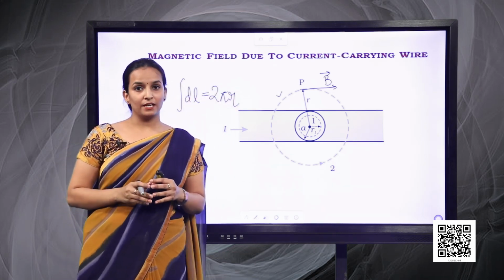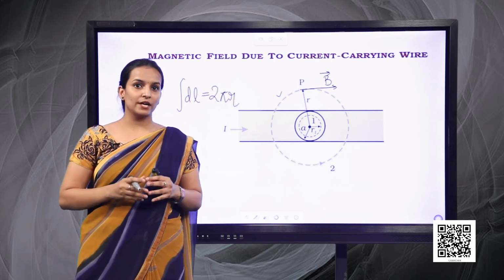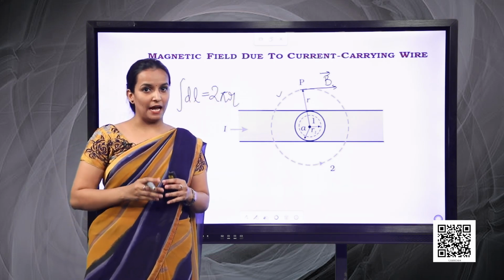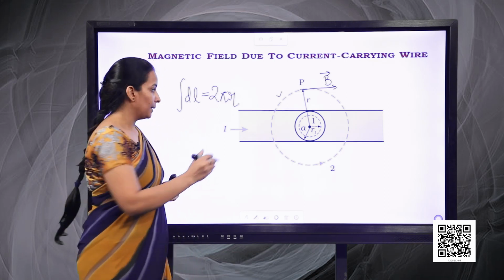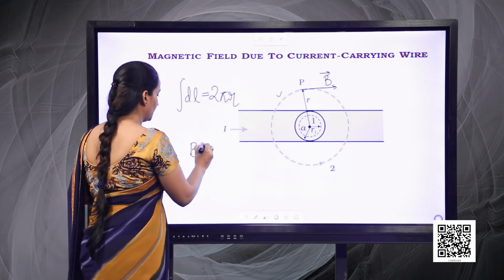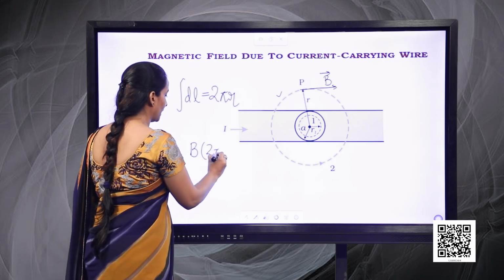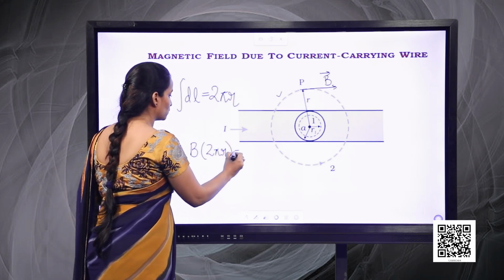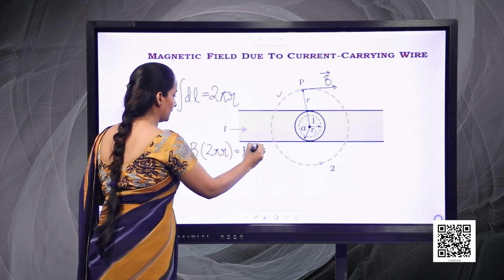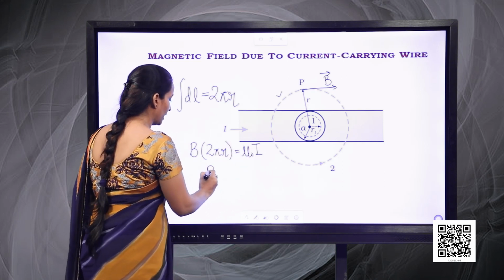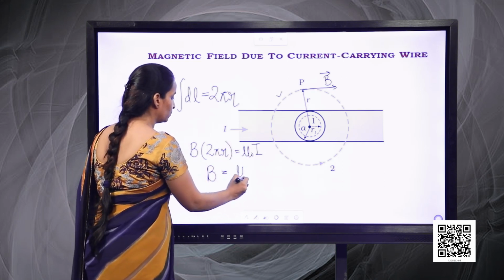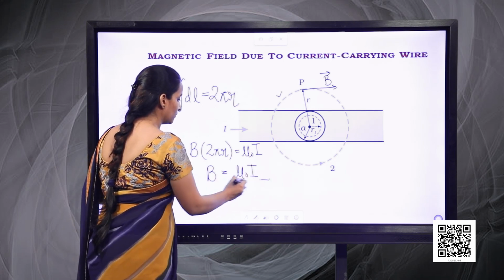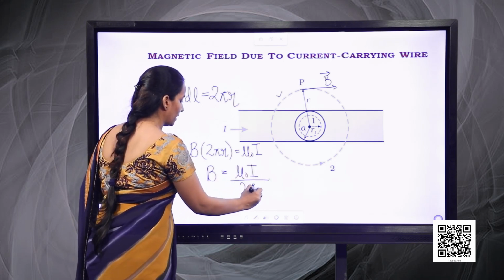So, the magnetic field at a distance r outside the wire is tangential and is given by B into length, which is 2 pi r, equals mu naught I. So, from here we have B equals mu naught I divided by 2 pi r.